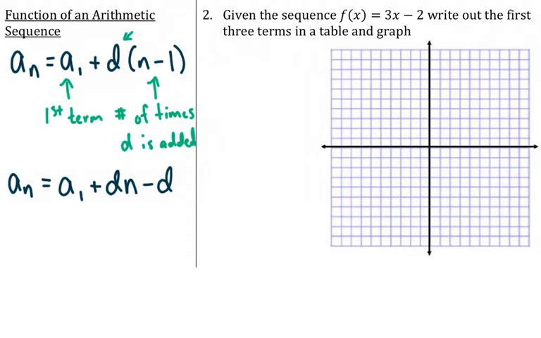Then this is the tricky logical thing: if I have the first term and I took away a common difference, this would create what happens at 0, before any terms are written, plus dn.